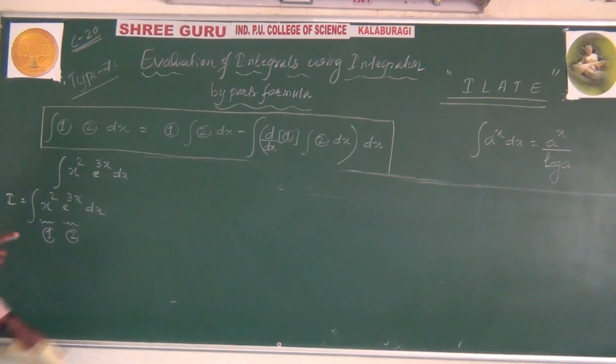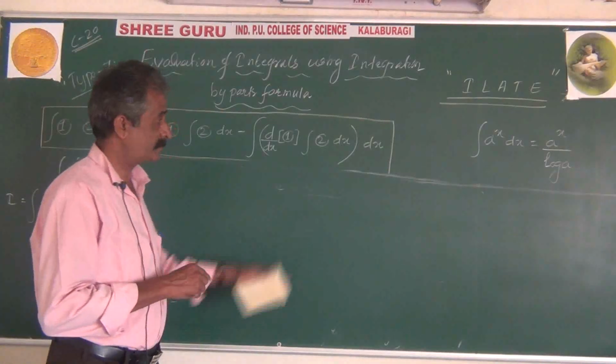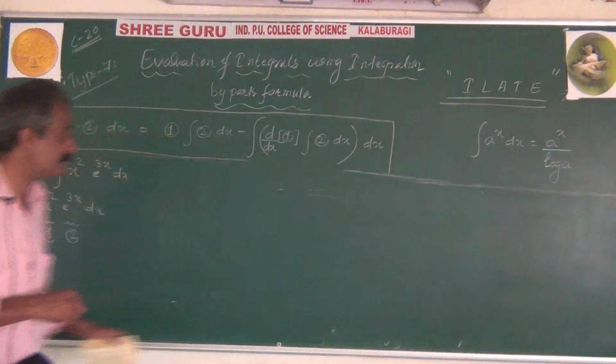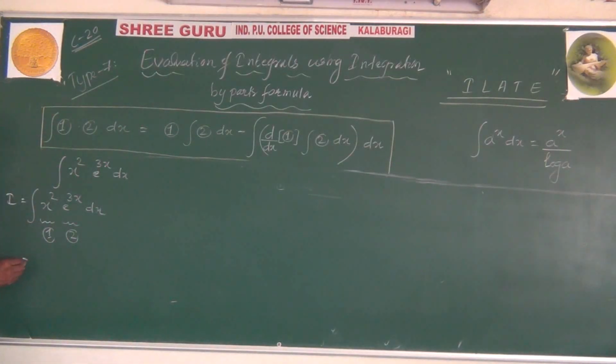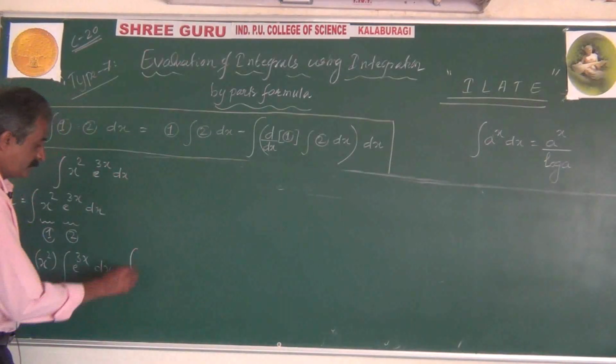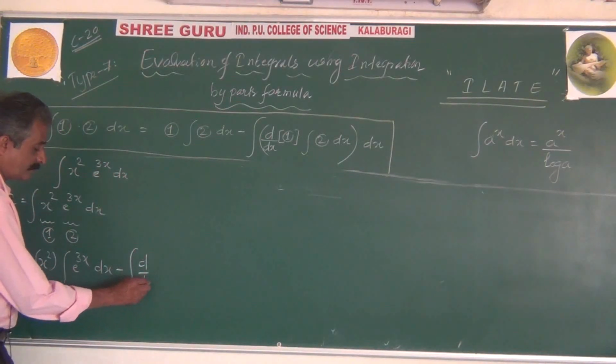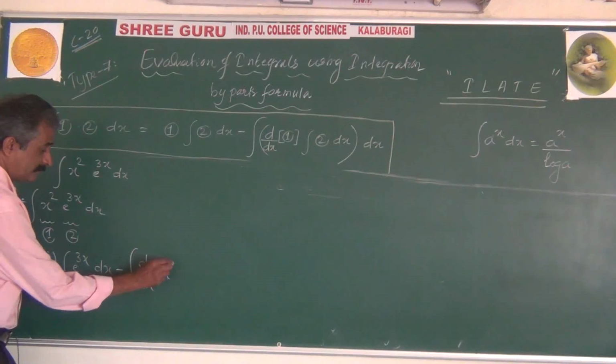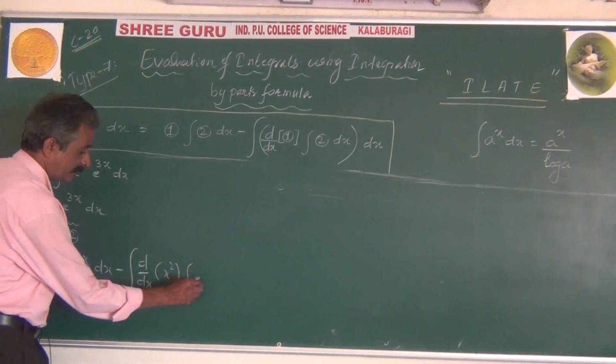So let's apply the integration by parts formula. It says: first function as it is into integration of e power 3x, minus integration of differentiation of first, that is differentiation of x square, into integration of e power 3x.